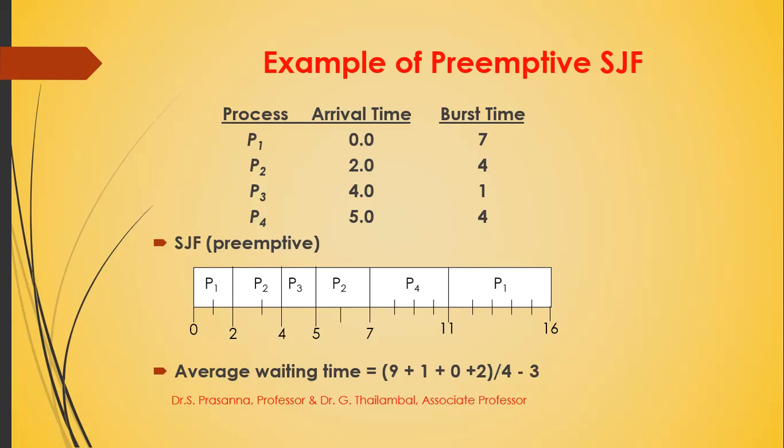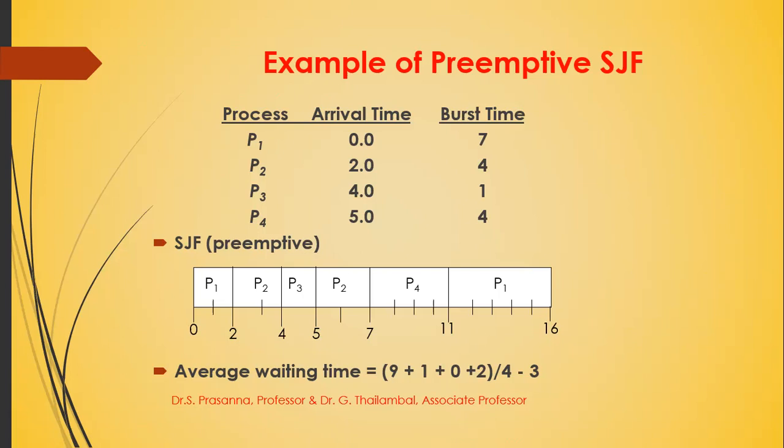So at the 4th millisecond, within 1 millisecond, that is the 5th millisecond, P3 gets completed. After that, at the 5th millisecond, P4 comes. The burst time of P4 is 4, and the half-executed processes P1 and P2 are waiting.